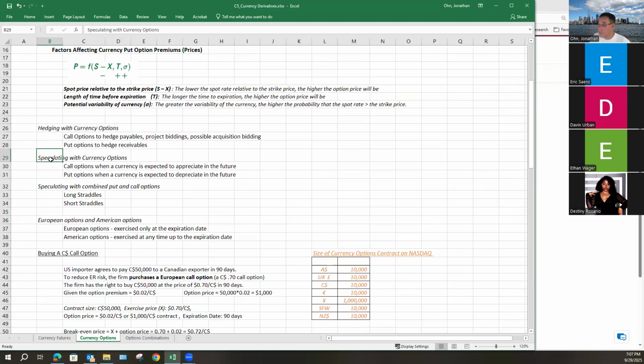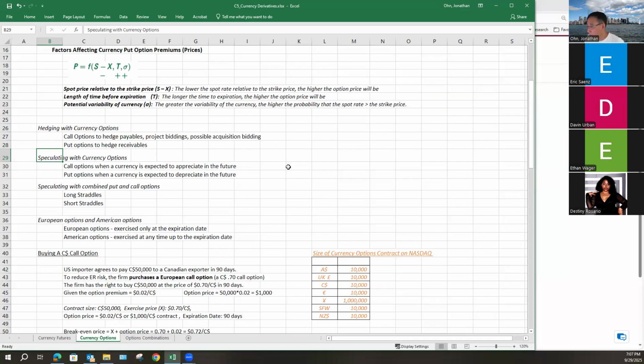Now another one is speculating or risky investment with currency options. Call options are used when a currency is expected to appreciate in the future, right? I'll show you that later. Let's think about it.